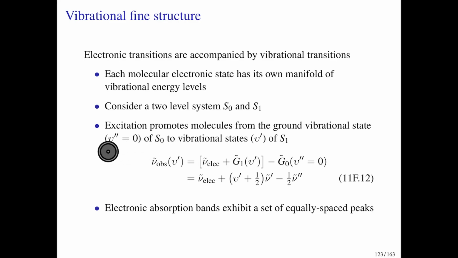This double primed upsilon refers to the vibrational quantum number of the ground electronic state, and then a single prime upsilon represents the vibrational quantum number of an excited electronic state. So you can think of the transitions that you're going to see in the UV-Vis absorption spectrum as being a difference of two terms.